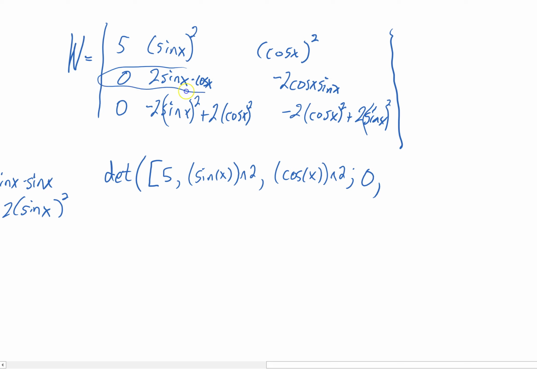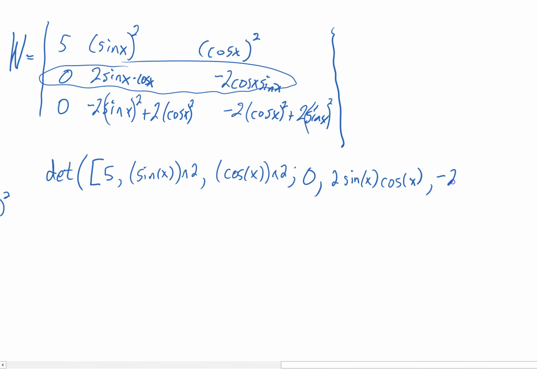Again, we're just entering in this row right now. And we can say 2 sine of x, cosine of x. And then we'll hit -2 cosine of x, sine of x.